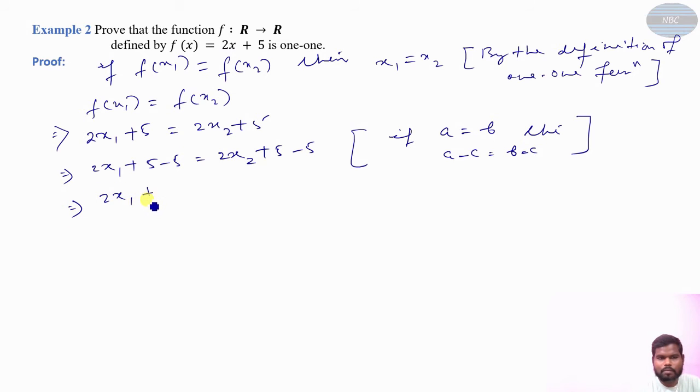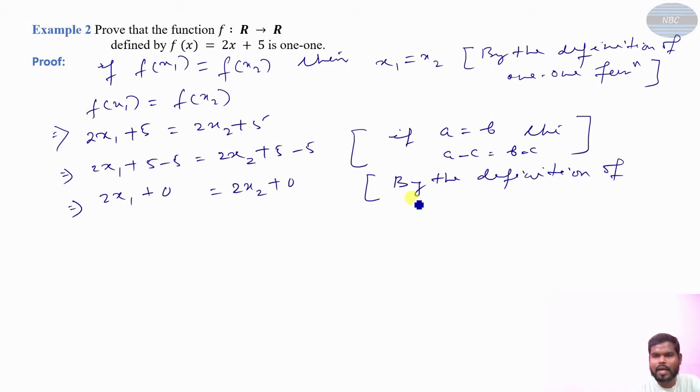Now 2x1 plus 0 equals 2x2 plus 0. So this is nothing but by the definition of identity element, where 0 is the identity element of the set of real numbers R. So it can be written as 2x1 plus 0 is 2x1 is equal to 2x2.